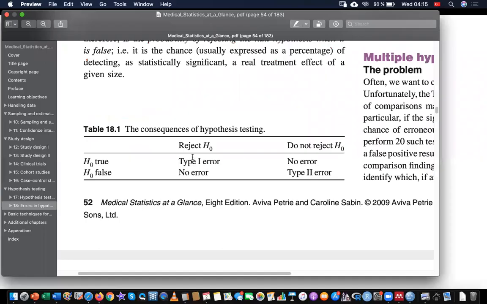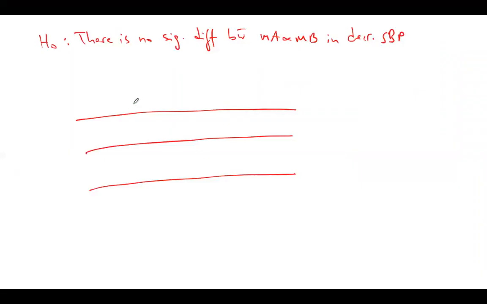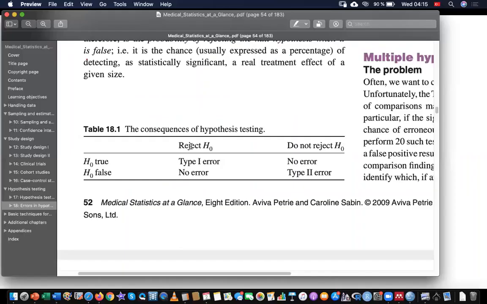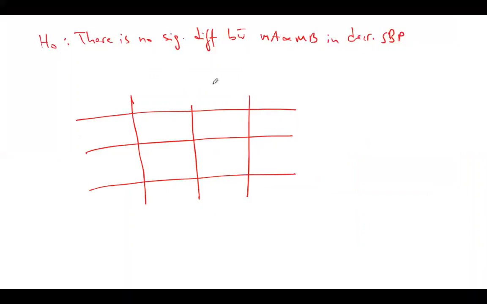Then I have this 2 by 2 table. Here, draw this 2 by 2 table. At the end of the study, I make a decision.